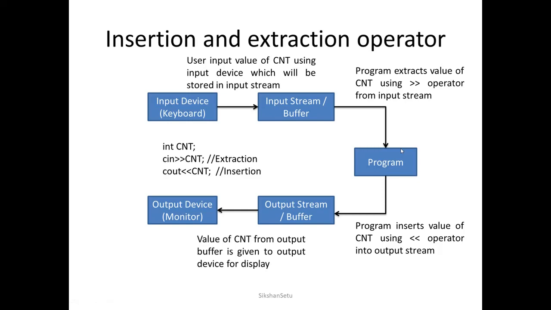That's why cin is known as the extraction operator. And this statement wants to show output on the screen, so the program inserts the value into the buffer and from the buffer it is displayed on the monitor. So it inserts, and that is why it is known as the insertion operator.